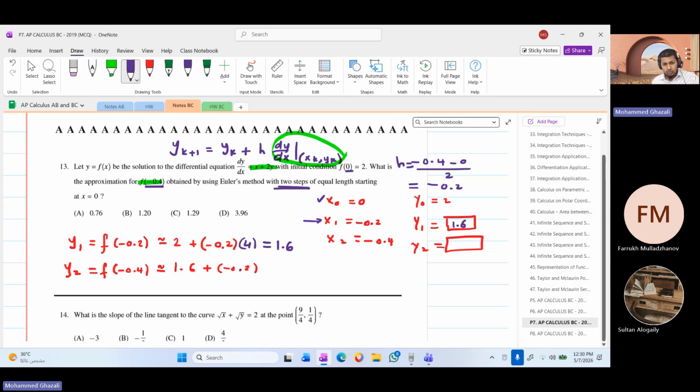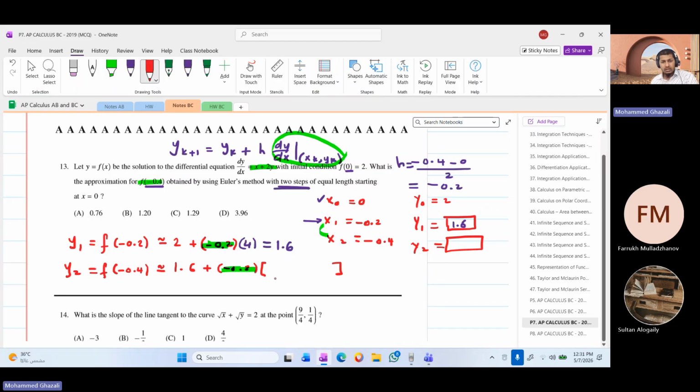The step size remains the same, h. What is the difference between x2 and x1? Still 0.2.